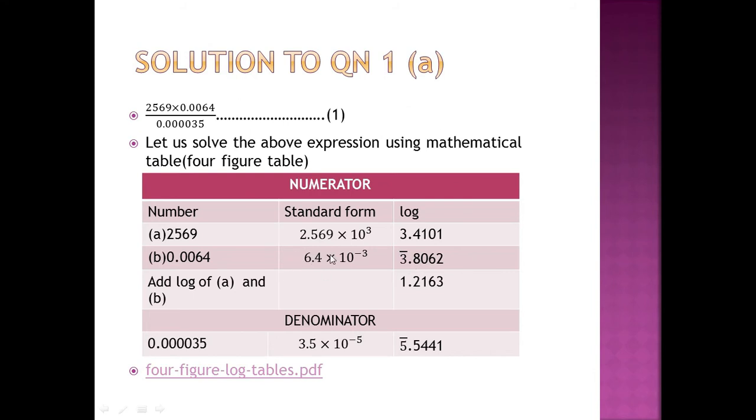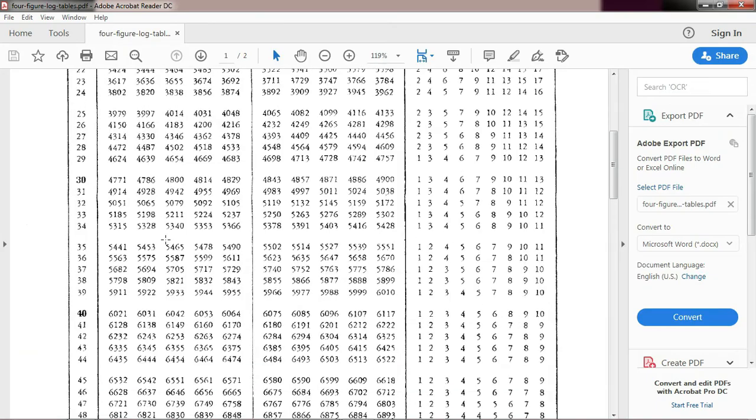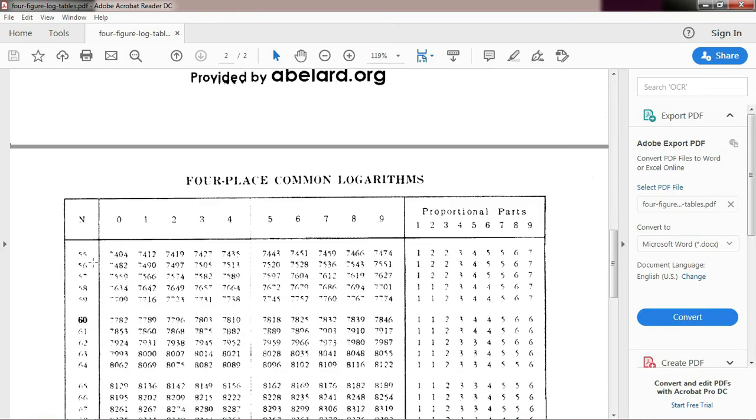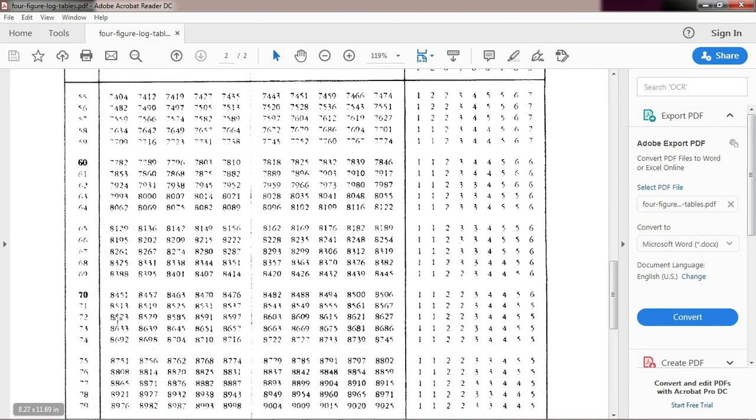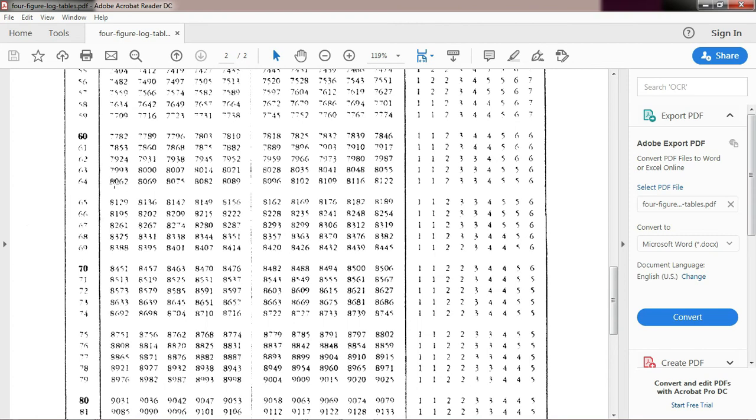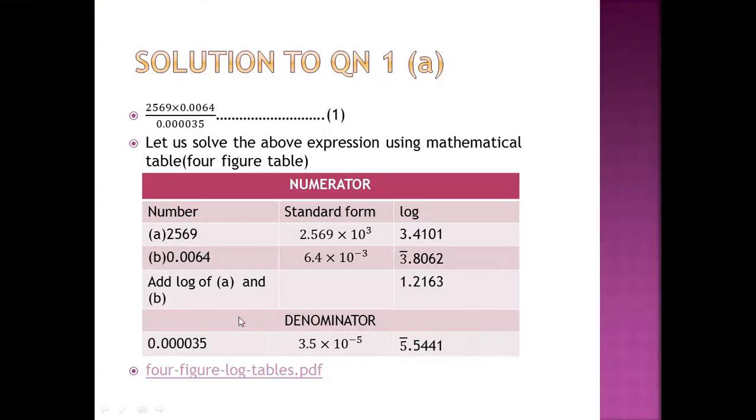Then we're looking for 64 in the mathematical table. The next number after 64 is 0, so in the 0 column, 64 is going to be 862. We put that number in the table, as you can see.